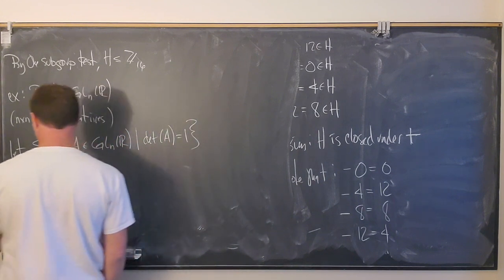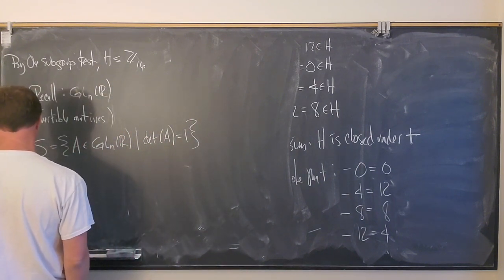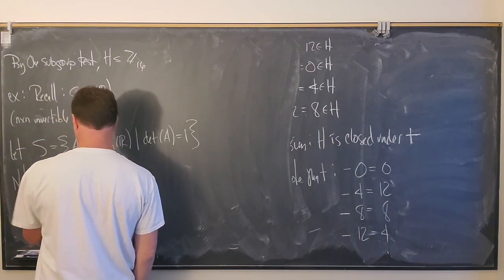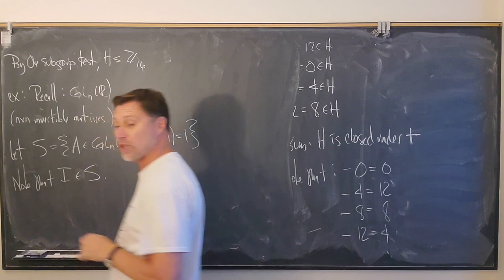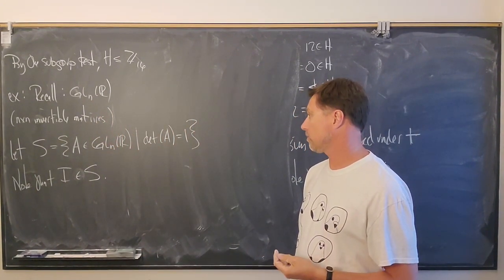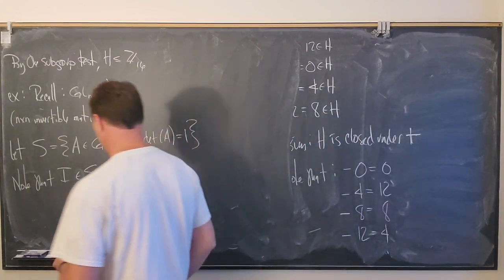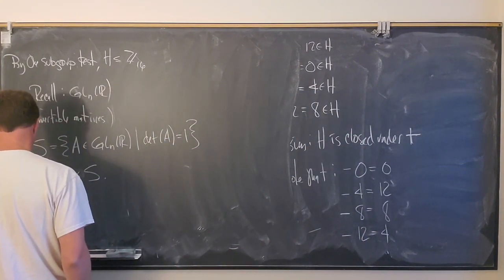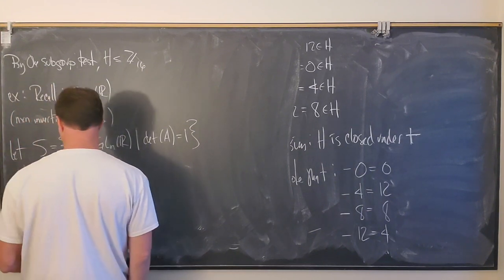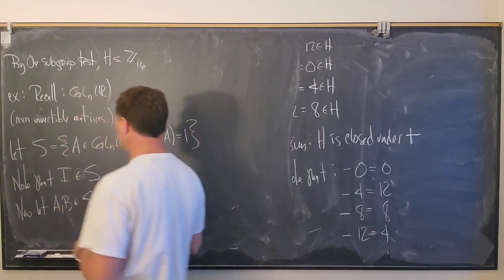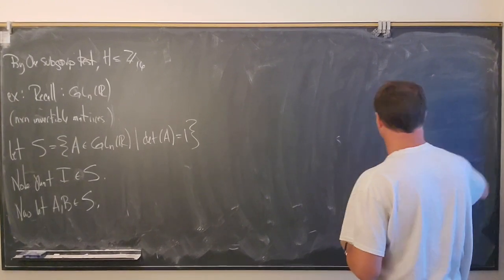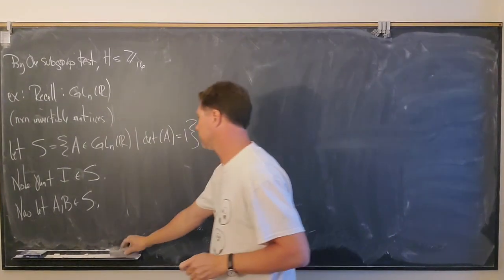So first note that the identity matrix definitely has determinant 1, and so it's an element of S. So now, let A and B be elements of S. That means that they are invertible n by n matrices whose determinant is equal to 1.